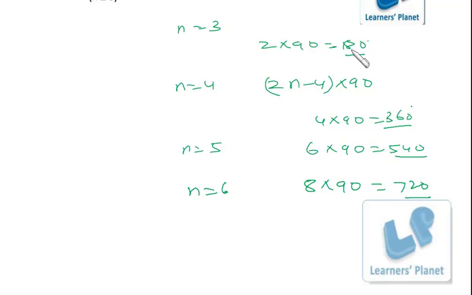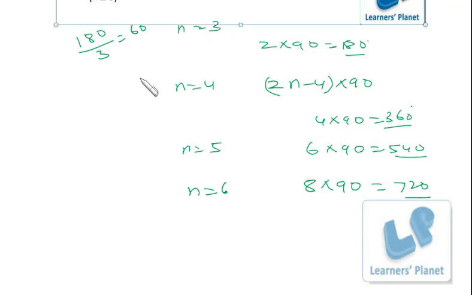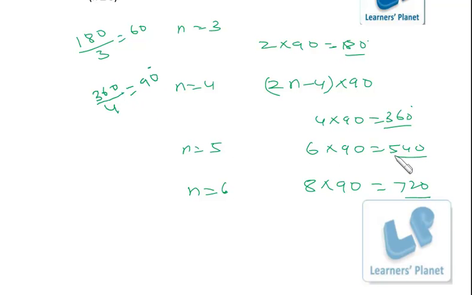If it is a regular triangle, or we can say an equilateral triangle, then each angle will be 180 by 3, that is 60 degrees. Similarly, for a regular quadrilateral, where all the sides are equal, each angle will be 360 by 4, 90 degrees. For a regular pentagon, each angle will be 108 degrees. For a regular hexagon, each angle will be 120 degrees.